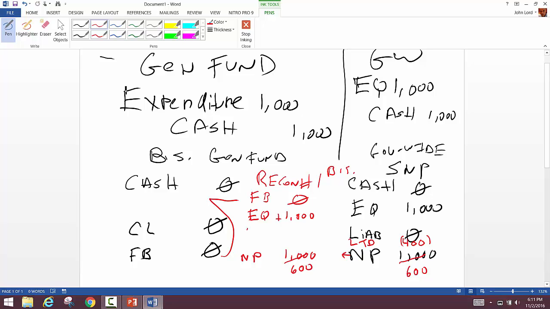But that's easy. On the reconciliation, I'll just call out that long-term debt, and I'll say it's not reported at the individual fund level, but reported at the government-wide level, right? Yes, I'm sorry, 400, yes. Thank you. Right?